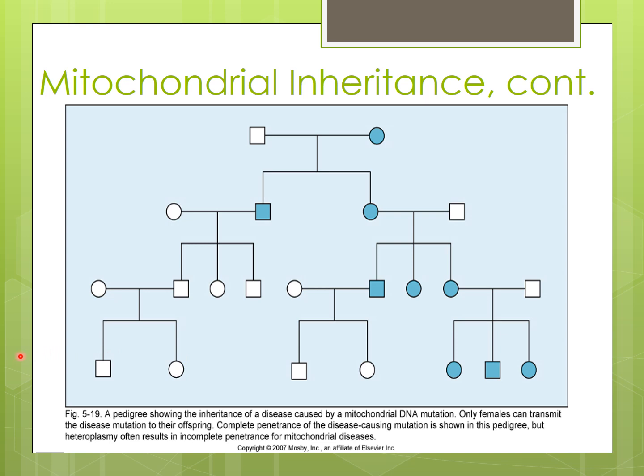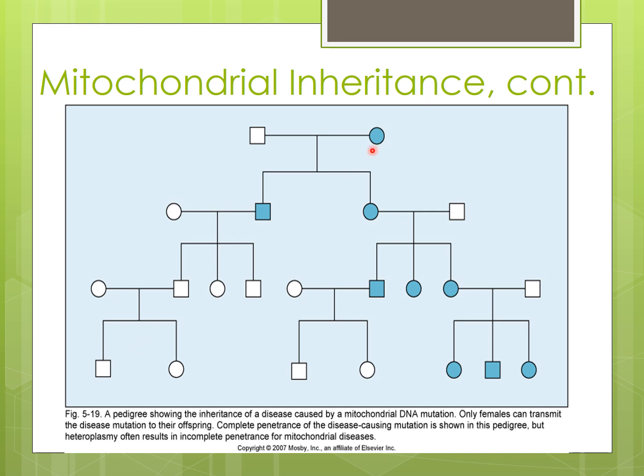As an example of this inheritance pattern, you can see the mitochondrial DNA being passed on from the mother to son or daughter. Obviously the sperm doesn't pass on the mitochondria, so the son's family is unaffected.